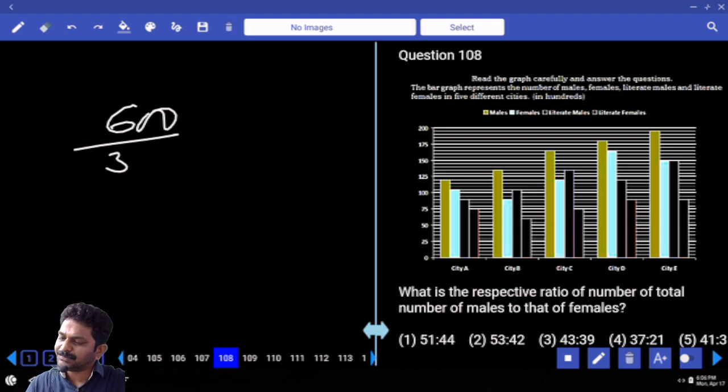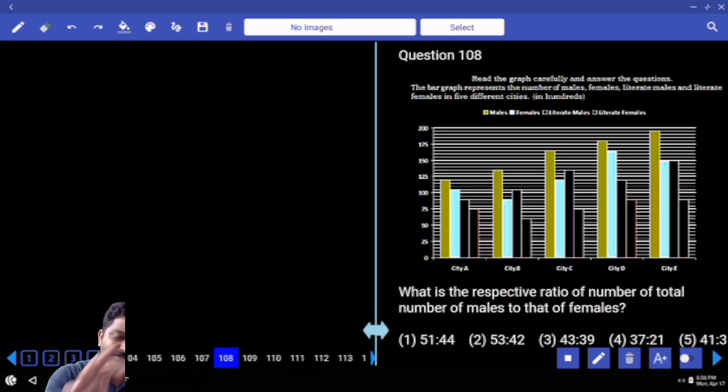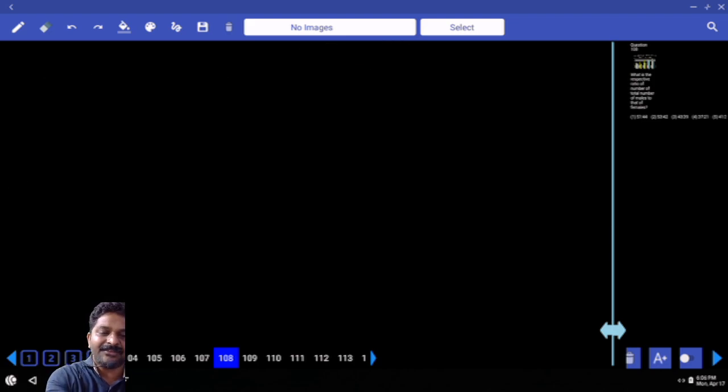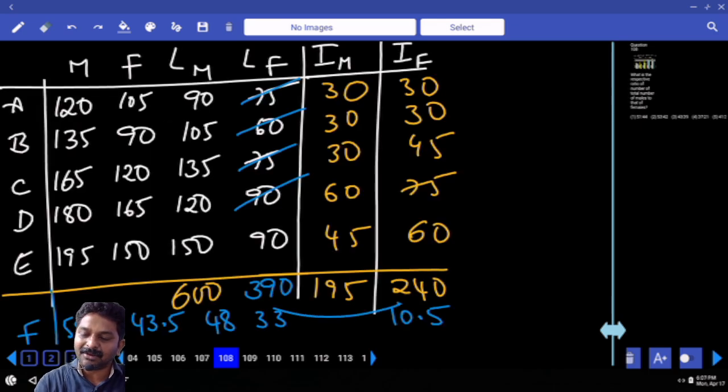What is the respective ratio of total? So total male, sum of these two, literate and illiterate, 795. I am reusing the data. Total female, sum of these two, 630.